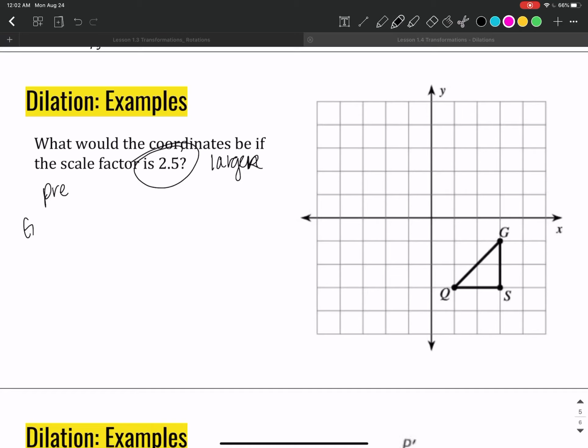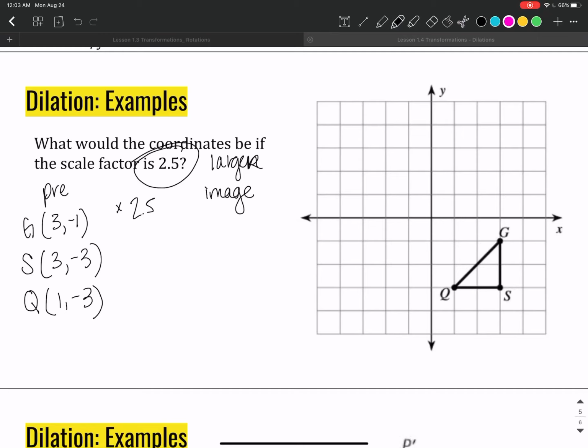We've got G here, and that looks like it's at 3, -1. S here is at 3, looks like -3. And Q is at 1, -3. All right. Remember that we have a scale factor, so everything gets times 2.5.